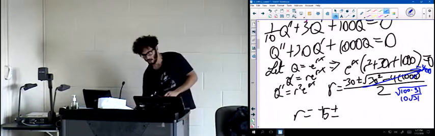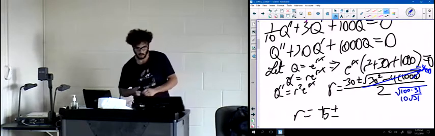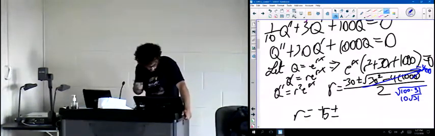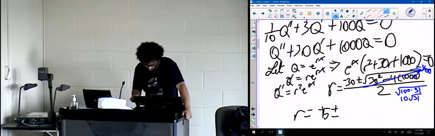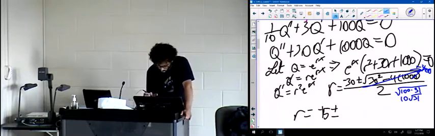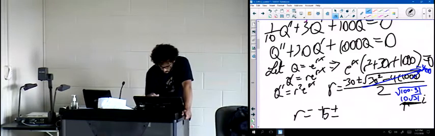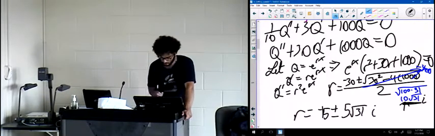Okay? Wait a minute. Yeah, okay. That's what I thought. So if that's the case, this is what we have multiplying i. And of course we have to divide the 10 by 2, so what we're left with is really just 5 square root 31 i. Okay.